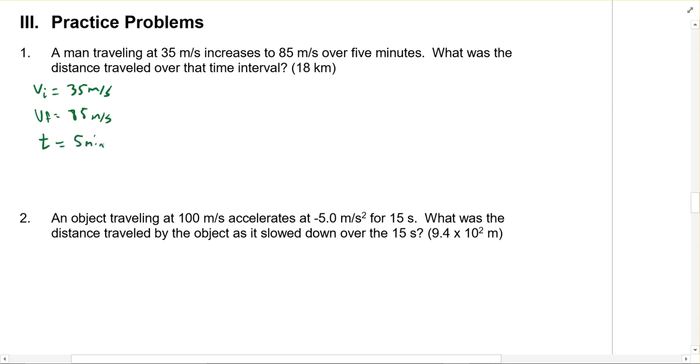I don't really like minutes though, because these are in meters per second. So I'm going to want to change that to seconds. It's going to be the easiest way to get my answers in meters, and it's easy to change to kilometers after. So I'm going to change this to seconds by multiplying by 60. Really, that's 60 seconds per minute.